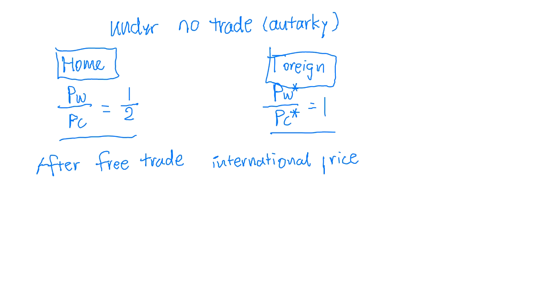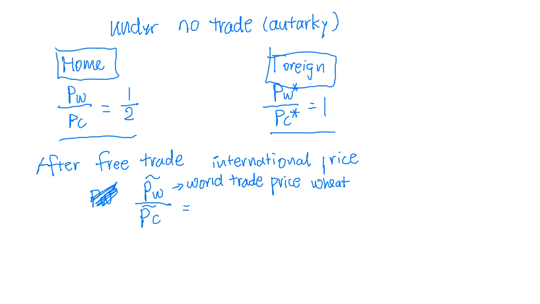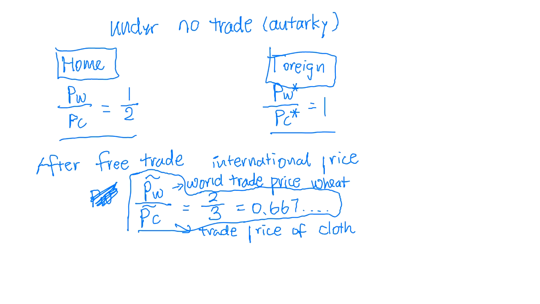In this case, the book tells us, if we assume the notation is like the world trade price of the wheat over the trade price of clothes, and this ratio is equal to 2/3, which is 0.667, what will happen in a market in both countries?